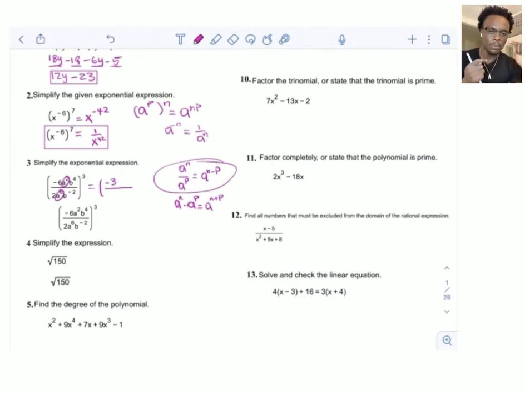So a exponent 2, a exponent 6, 6 is bigger than 2. You don't have to care about which one is n and which one is p. If you subtract them, the result will go where the highest exponent is. So the result here is 4, a exponent 4.